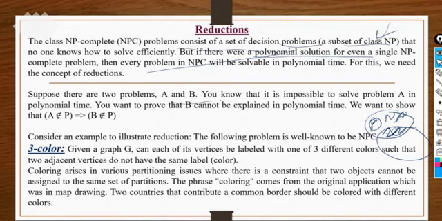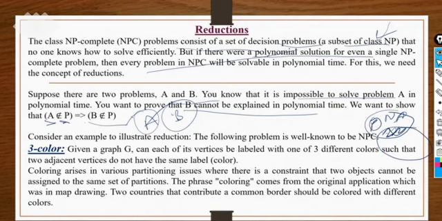Suppose there are two problems A and B, and you know it is impossible to solve problem A in polynomial time, but you want to prove that B cannot be solved in polynomial time. So we want to show that A doesn't belong to the P class, therefore B also does not belong to the P class. If A is not in the P class, then B will not be in the P class either, right? So we have to solve it.